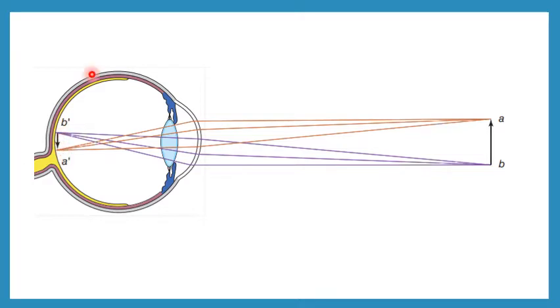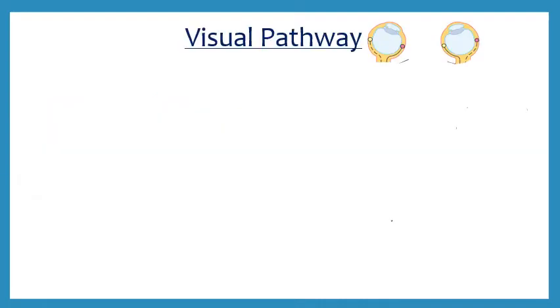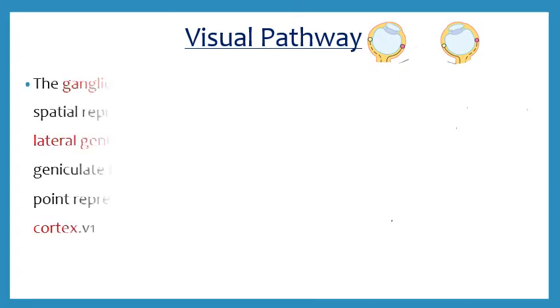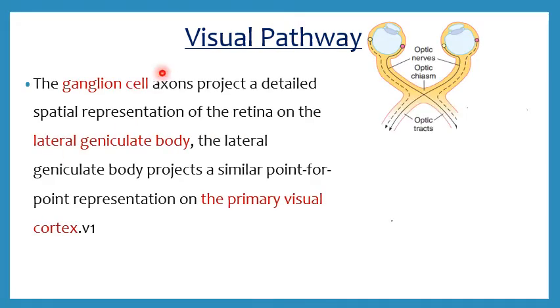Okay, so this is detected by ganglion cells, and the axons of the ganglion cells form what is known as the optic nerve. So we should know the visual pathway here. The ganglion cell axons form the optic nerve, which will cross over at the optic chiasm. See, the nasal fibers cross over, whereas the temporal fibers will just move as such, and they form what is known as the optic tracts after the optic chiasm.